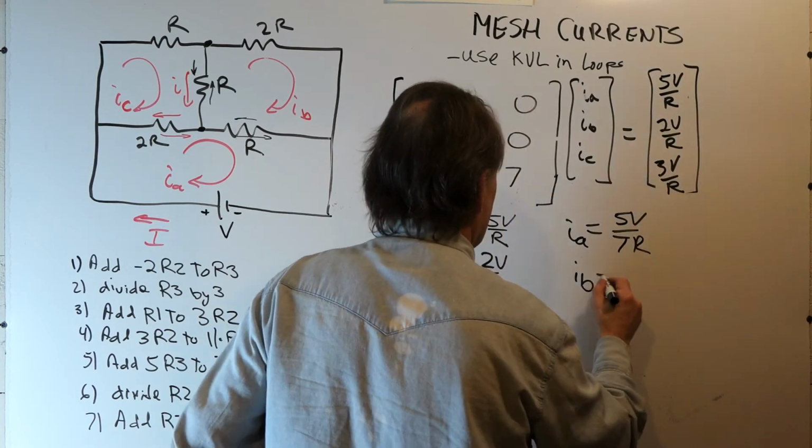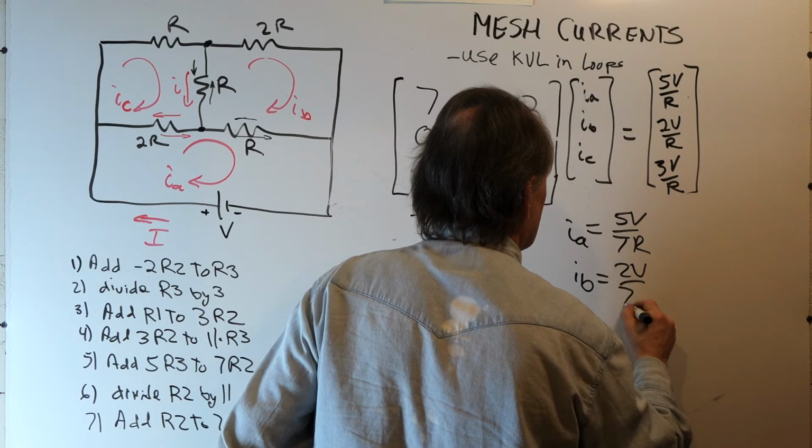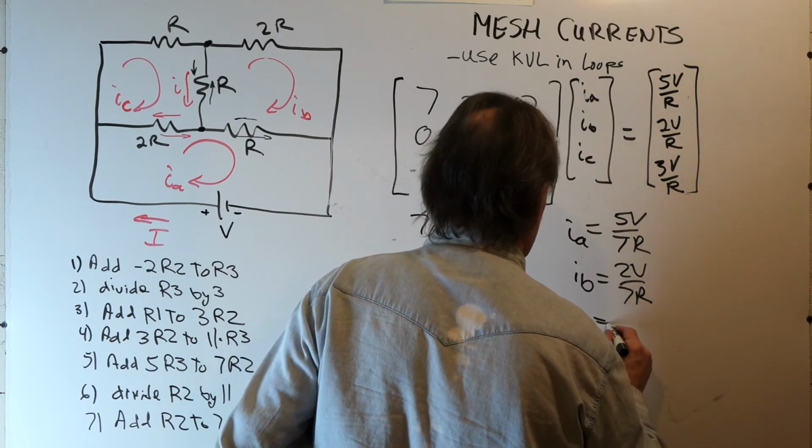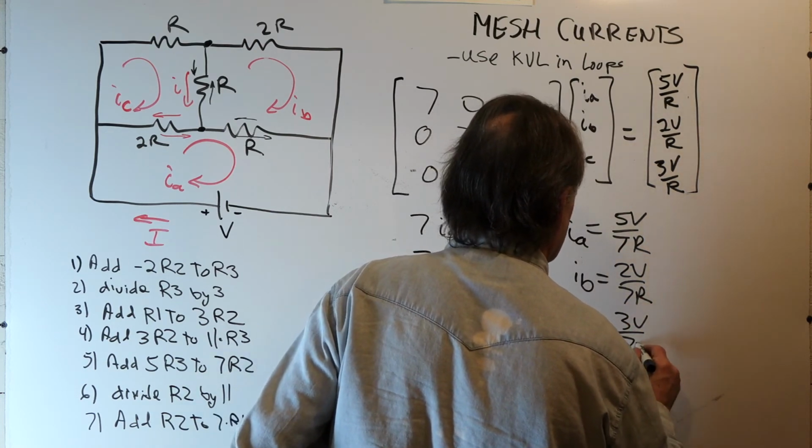For IB, we get 2V over 7R. And IC, we get 3V over 7R.